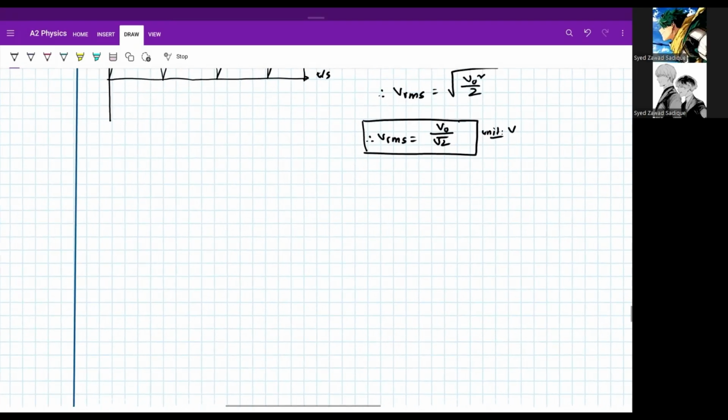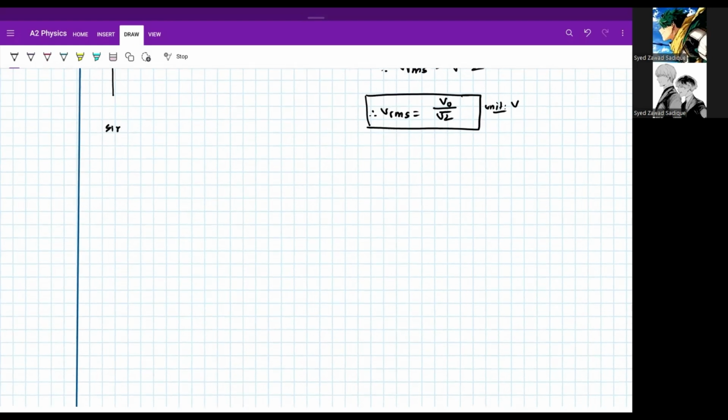Right. Again, similarly, I RMS is equal to I naught divided by root 2. Unit ampere.